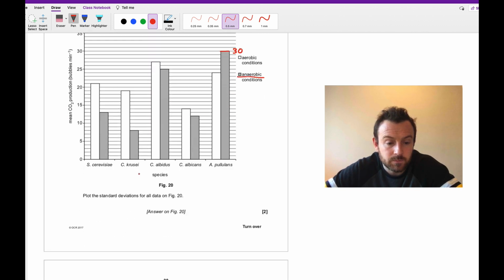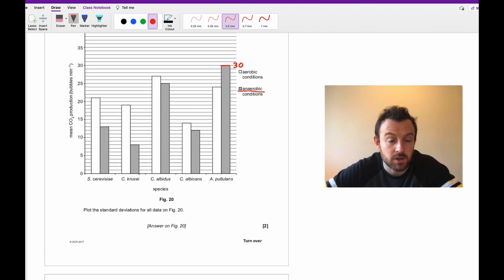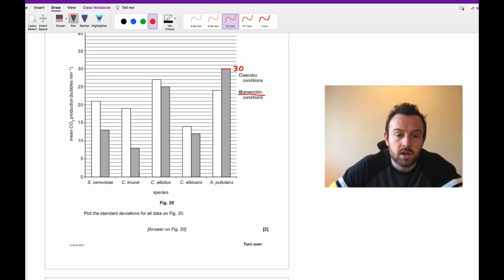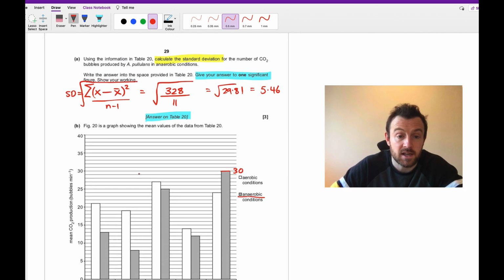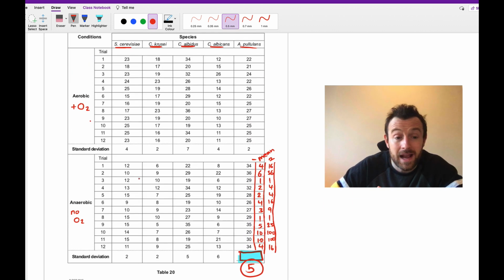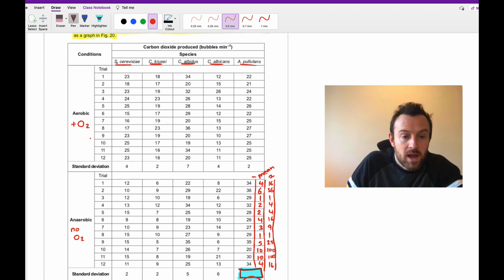Now the next thing is to plot the standard deviations for all the data on figure 2. Remember when we're plotting the standard deviations, we use error bars, plus or minus the standard deviation. I'll just do one of these to show you how, and you would need to do them all like this. For example, S. cerevisiae aerobic, the standard deviation here is 4.